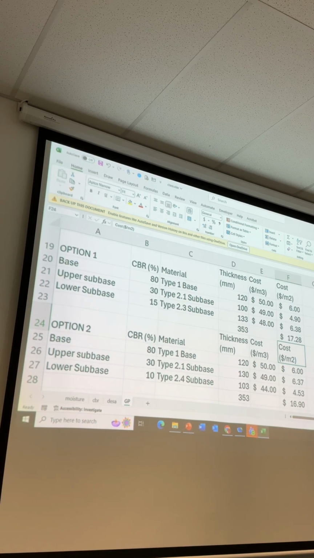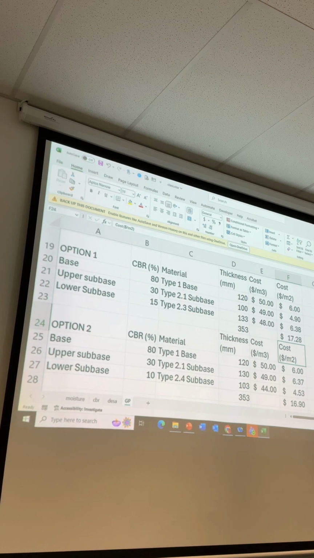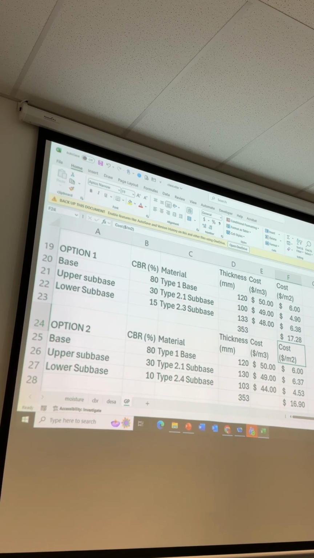Your pavement is granular material with thin bituminous surfacing. So we need to add the bituminous surfacing to your pavement composition, but that one is not that relevant because that thickness I'm going to give to you. So you just need to worry about calculating the granular material thicknesses. I think that's the only difference.